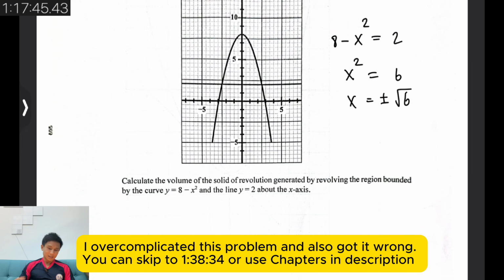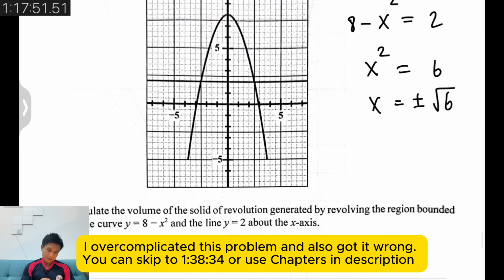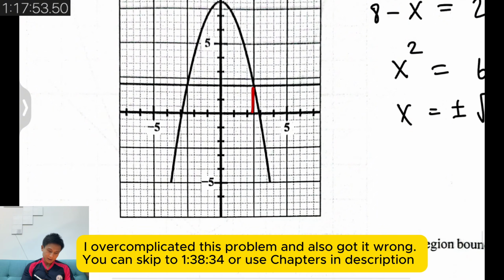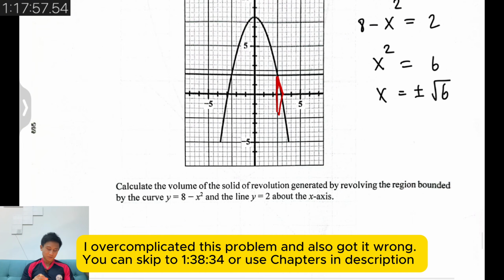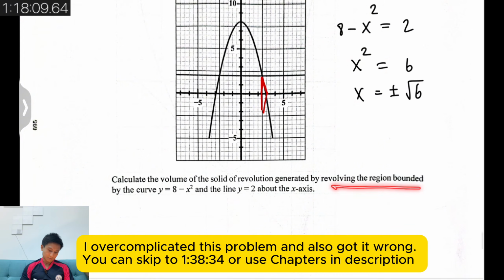Well, basically, I think we can just try to find this revolving first. Okay, so we're going to find that bit, and then this will be what? A cylinder. So you have a cylinder here, bounded by the curve.